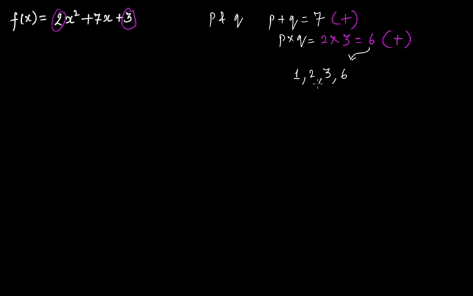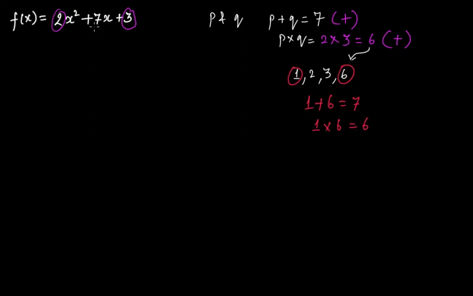Now if you take these two numbers, that is 1 and 6, so 1 plus 6 is equal to 7 and 1 multiplied by 6 is equal to 6. So both these two conditions get satisfied, that is p plus q is equal to 7 and p multiplied by q is equal to 6.